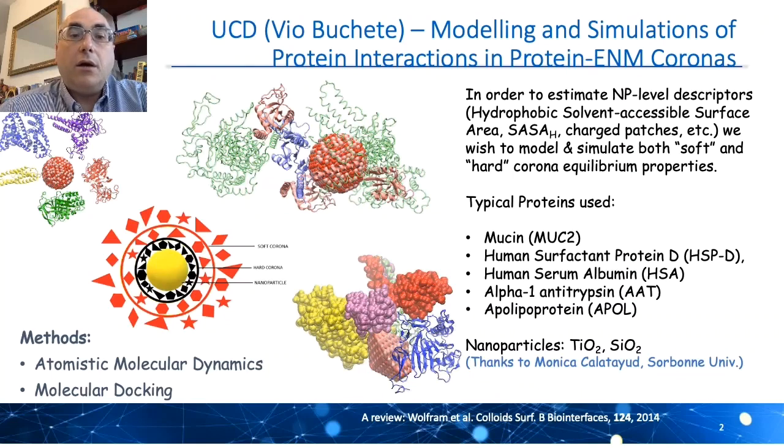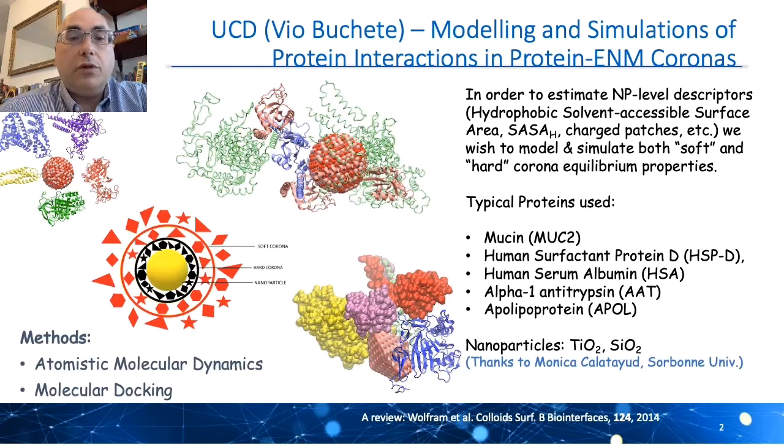We are dealing with nanoparticles that are relatively small compared to the broad range of nanoparticles that are used in experiments and available. So nanoparticles that are between 2 and 4 or 5 nanometers in diameter will have similar sizes with some of the proteins that we are interested in. We know that they participate in corona formation in different biological environments.